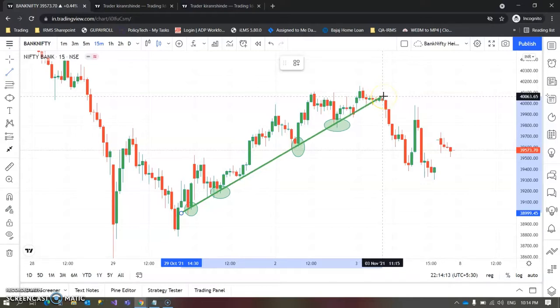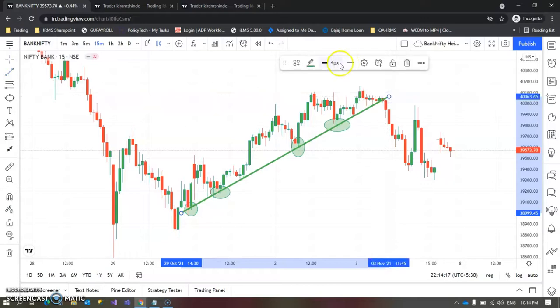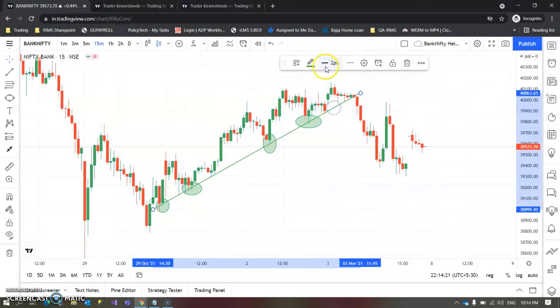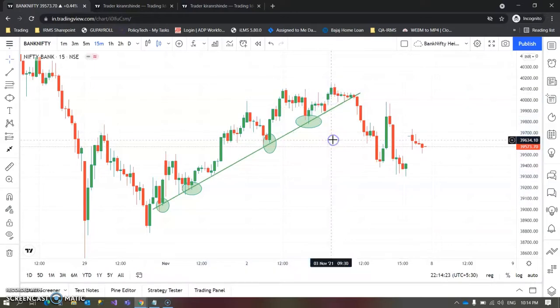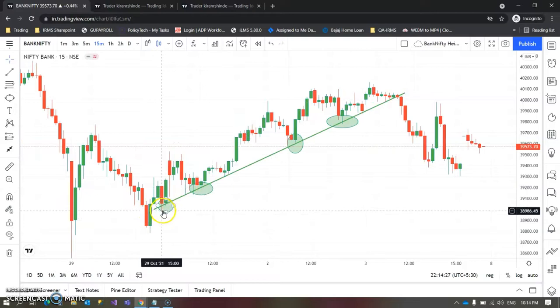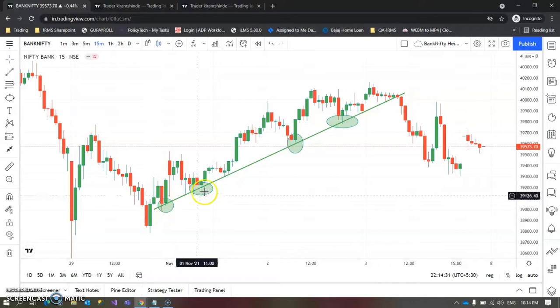Now it depends upon you whether you connect the wick or the body. Some traders try to connect to the end of the wick, that is the lower low of the candle, and some traders may touch the body.